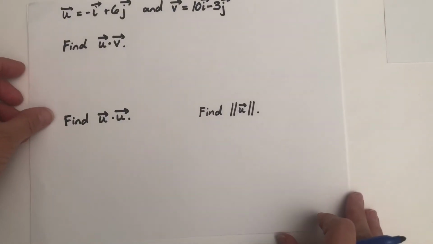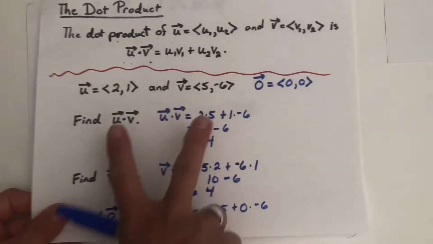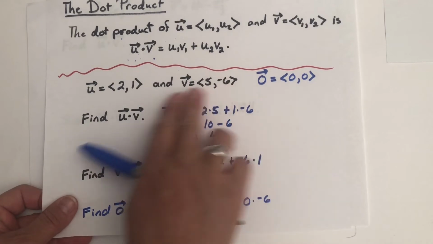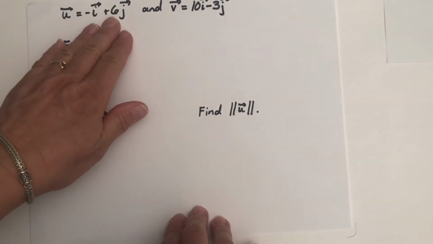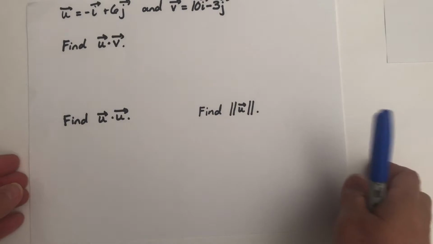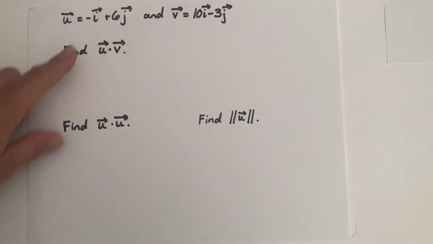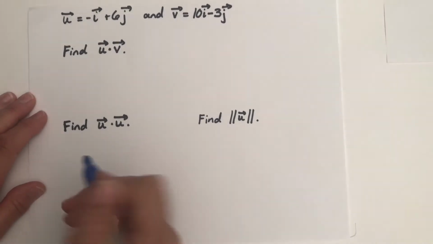Let's practice with another pair of vectors. Notice in the previous problem I had our notation this way with the components written in the chevrons. This time the components are written with the unit vectors i and j, but the process is no different. Remember, it's just a different notation for representing the vectors. So let's just practice one more time.